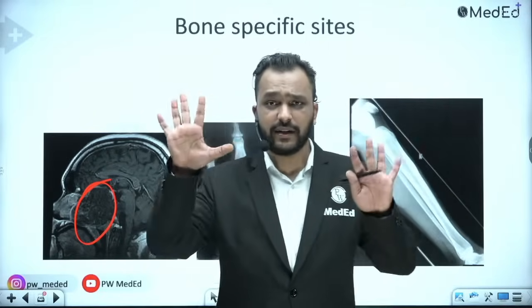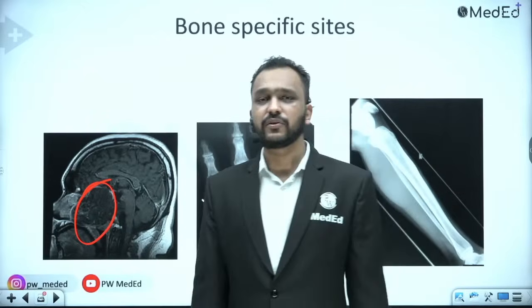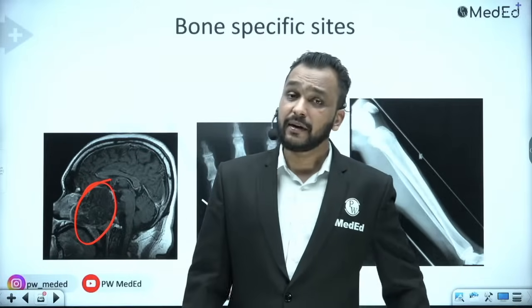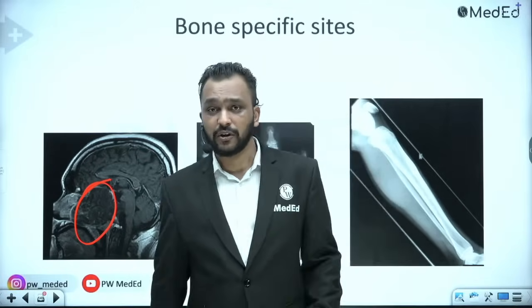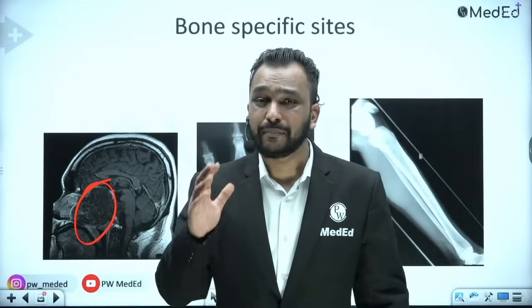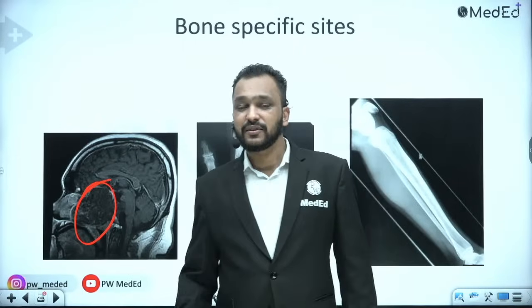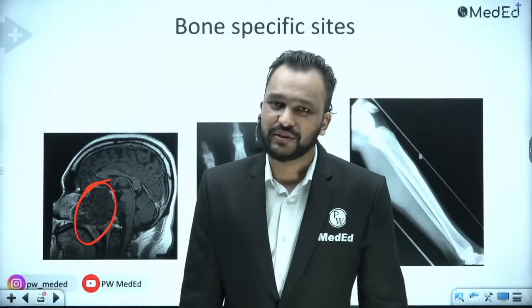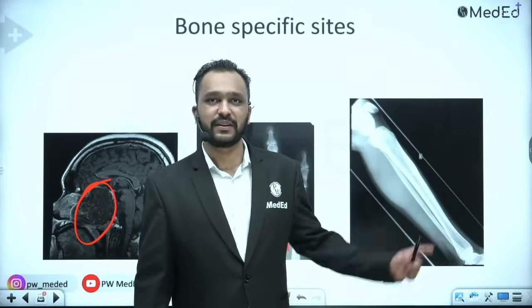If the lesion is located in the fingers of the hand, it can be an enchondroma. If there are multiple enchondromas, it is associated with Ollier's disease, and multiple enchondromas with soft tissue hemangiomas will be seen in Maffucci syndrome, right?